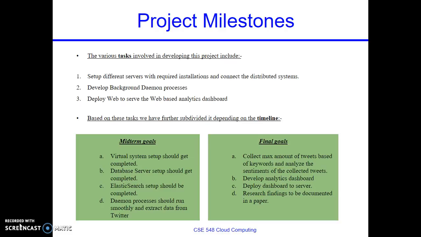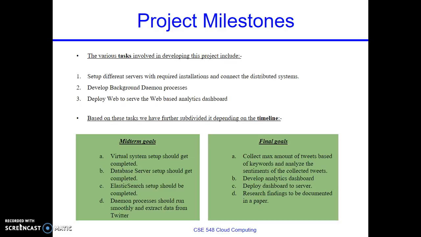Hello everyone, I'm Monosija, and we'll discuss how we have divided our work to accomplish this project. First, we decided to set up the servers required, complete all the installations and connect the distributed systems. Then we wanted to develop all the background processes, and at the end complete the web-based analytics dashboard.